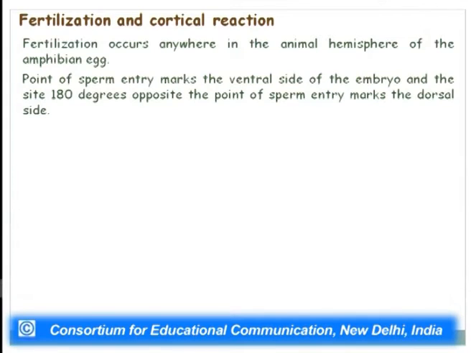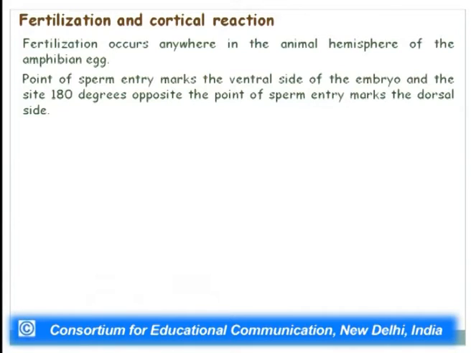The point of sperm entry marks the future ventral side of the embryo, and the site 180 degrees opposite to the point of sperm entry marks the dorsal side. So actually the sperm entry determines the dorsoventral axis.